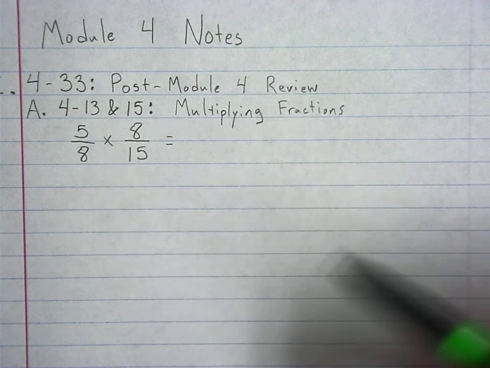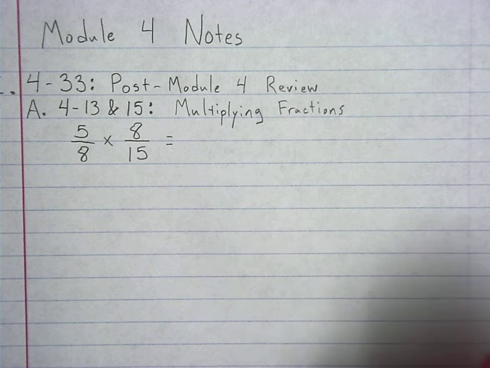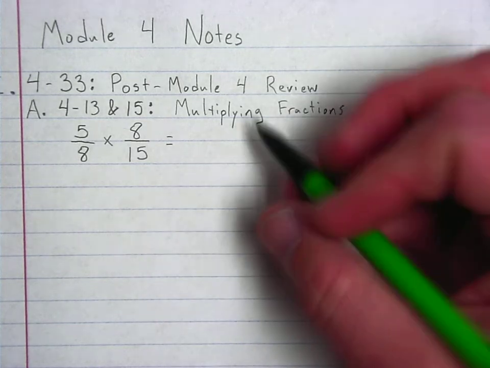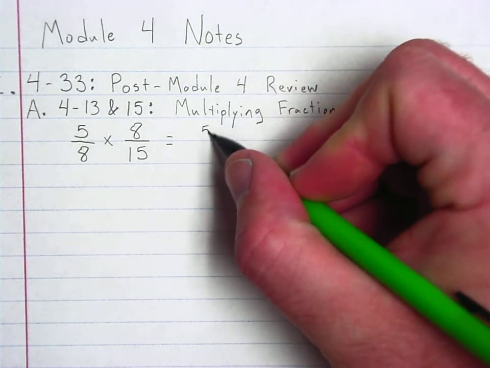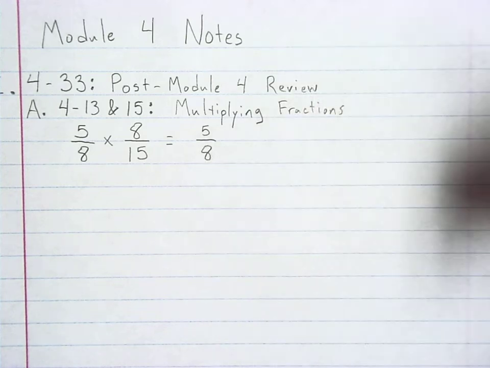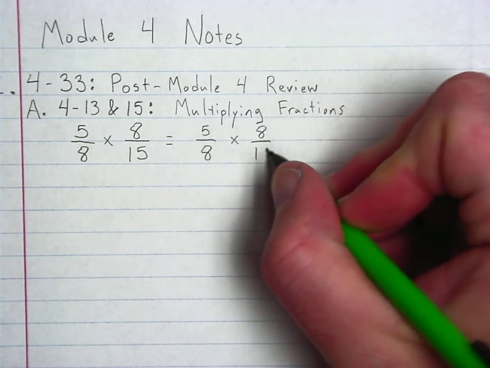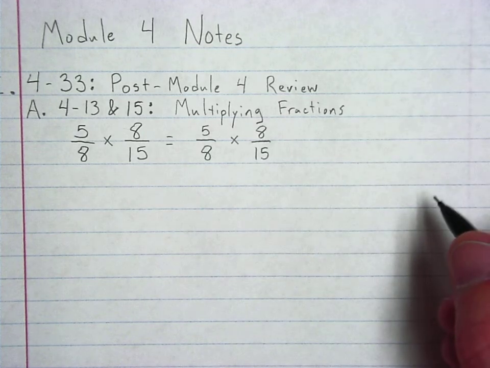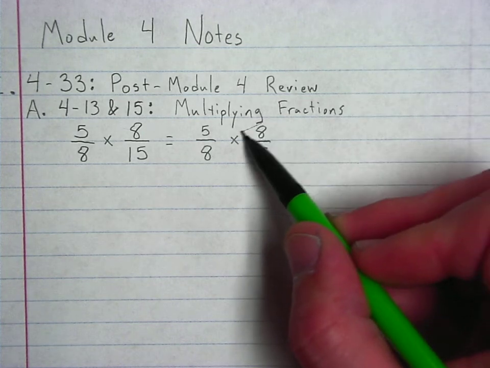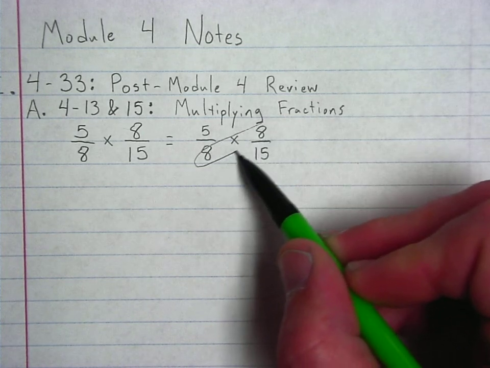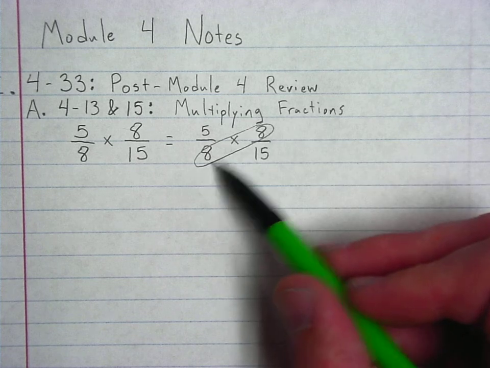But I'm going to do a little bit of cleanup as I go. I am going to simplify a bit as I go. So I'm going to look at this. 5/8 times 8/15, not changing anything yet. But I am going to attempt to cross cancel. I am going to look at the 8 and the 8.